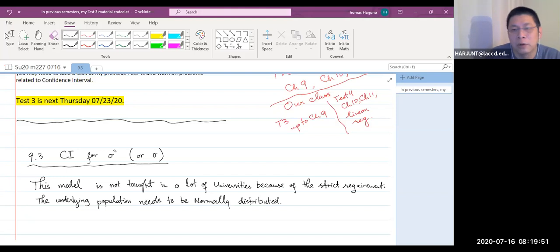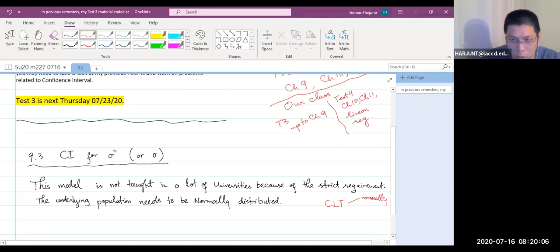Now, just to remind us, for us to apply central limit theorem, there are two requirements. Either the underlying population is normal or approximately normal. It doesn't have to be strictly normal. By increasing the sample size, it becomes normal.